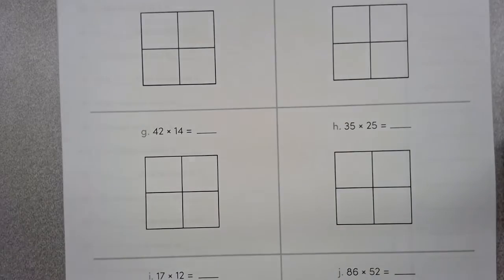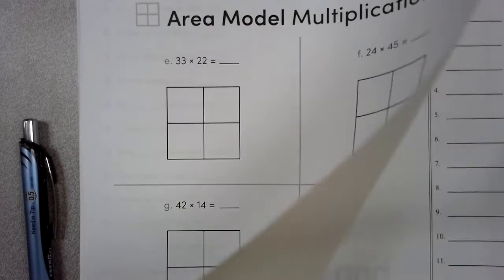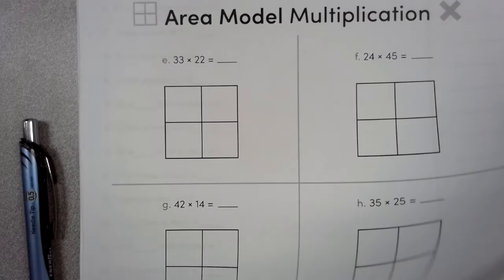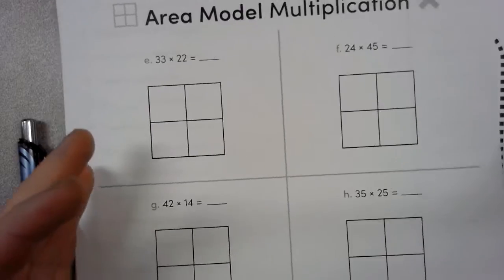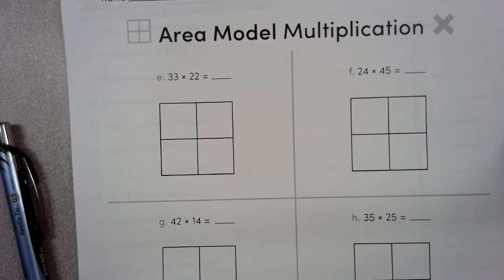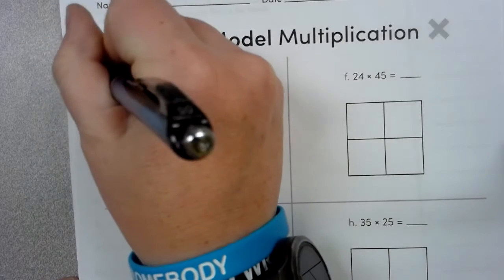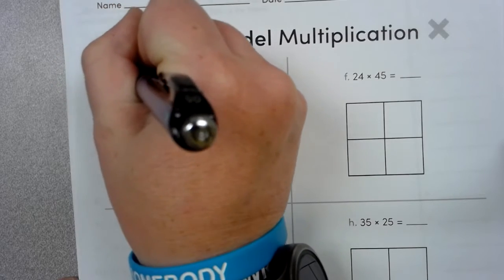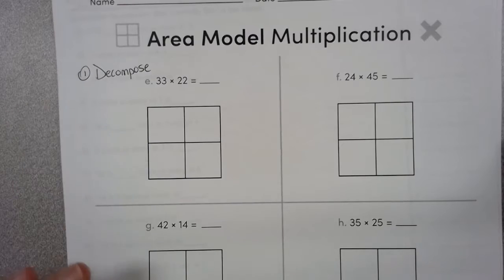All right, area model. Now, with the area model, after watching the video that I did of the area model, and then yesterday, we should be okay with this. But remember, number 1, we decompose our number.